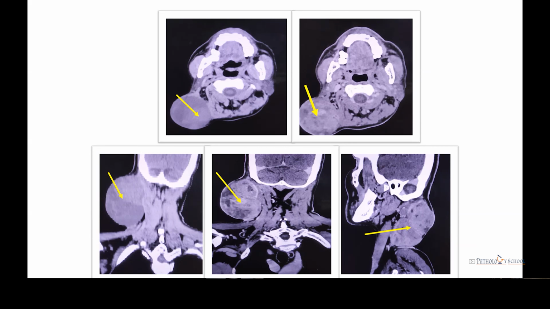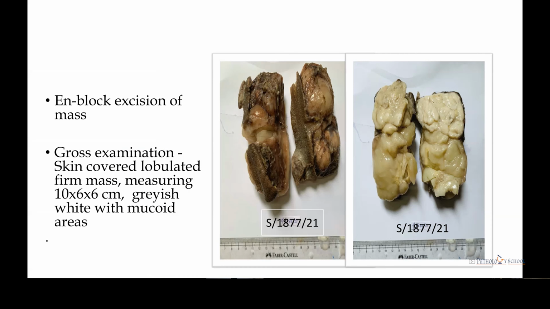On CT scan, there was a well-defined lesion located in the subcutaneous plane, and it showed heterogeneity on contrast. En bloc excision of the mass was done, and we received a skin-covered lobulated mass which was firm, grayish-white with mucoid areas.